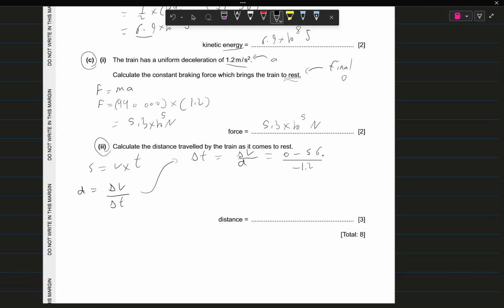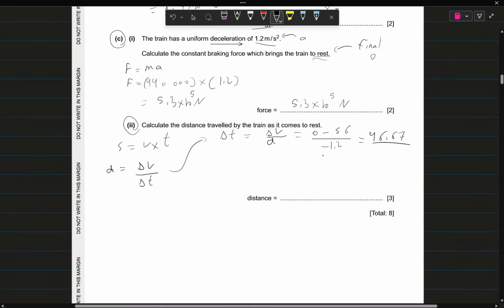Now it's negative because here it says deceleration rather than acceleration. So there's a bit of a difference. Now if you plug that into the calculator, that should be 14 over 3, or actually 46.67. Okay, so this will be here our time.